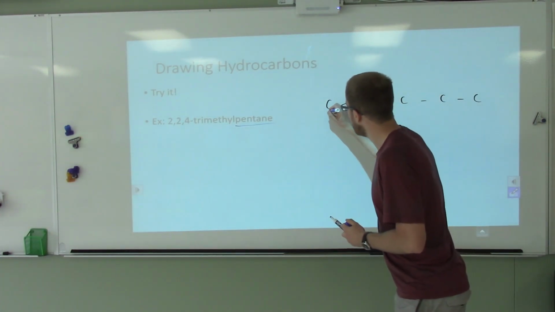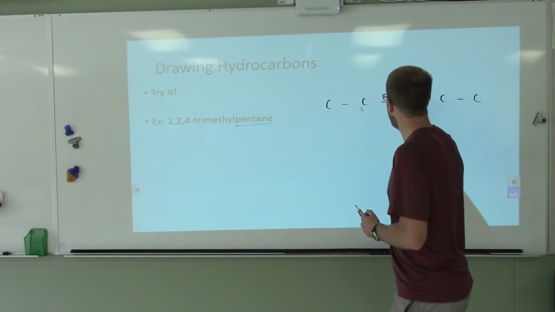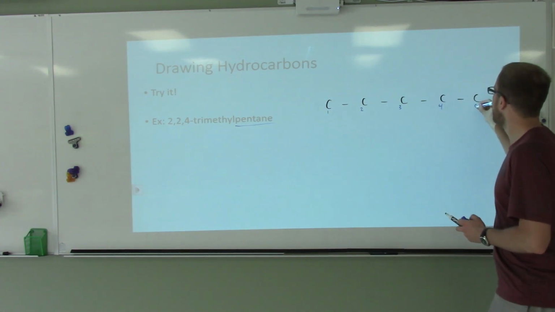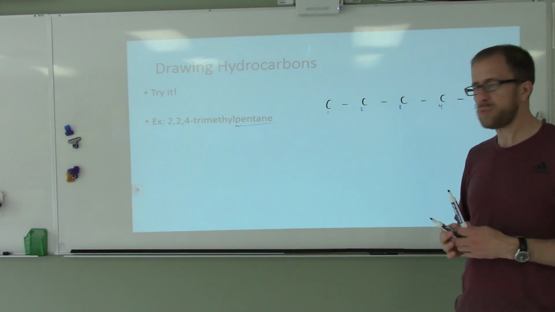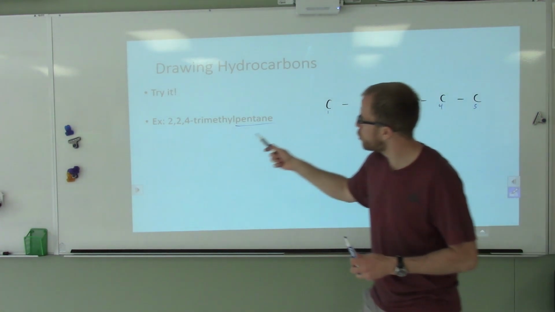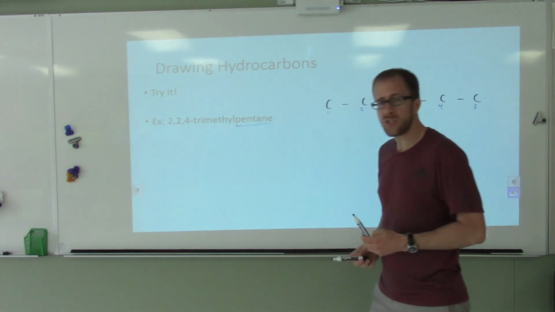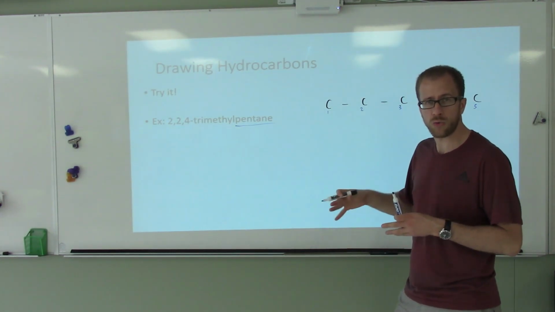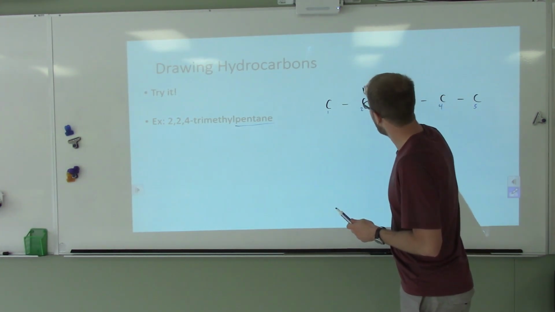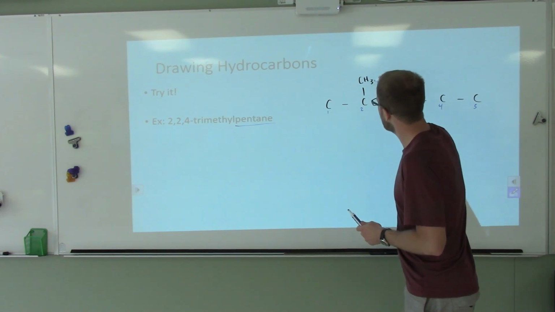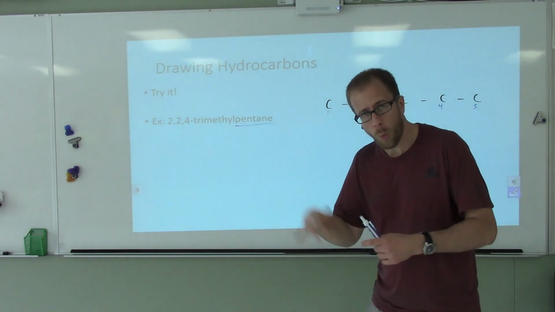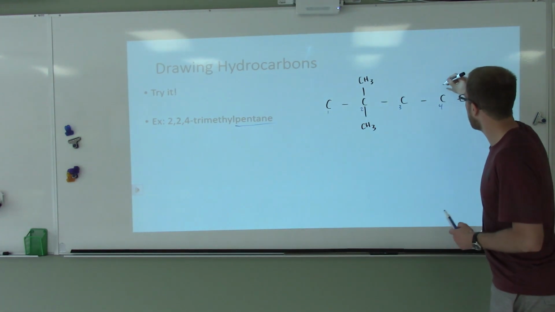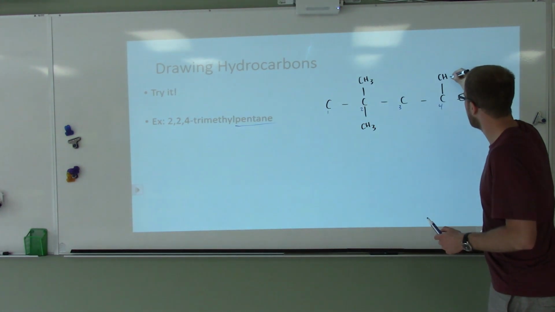So we have carbon here 1, 2, 3, 4, and 5. We will next add our substituent groups, and we have 2 methyl groups on carbon 2, right? It's 2,2. So we will draw 2 methyl groups here on carbon 2. We have 1 methyl group on carbon 4.